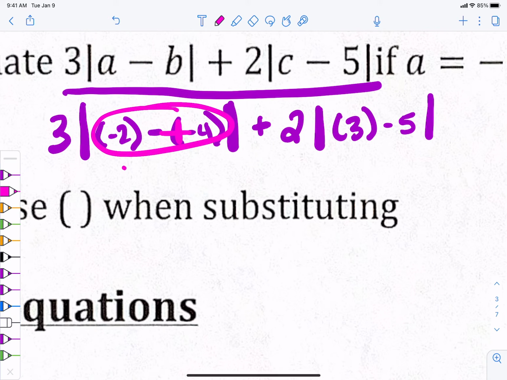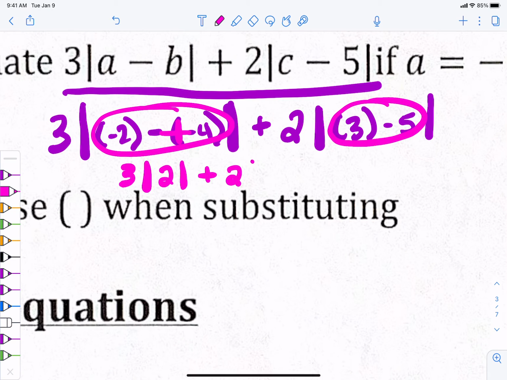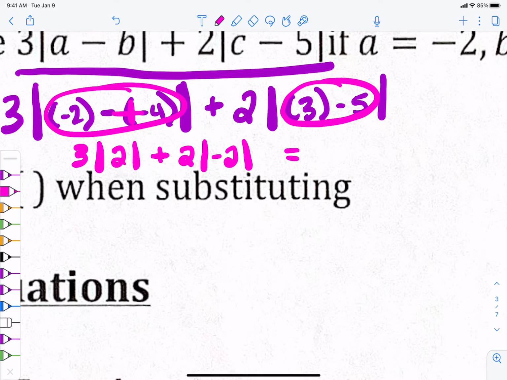Okay? So we have 3 absolute value of -2 plus 4 is 2. Yeah? Plus 2, and let's do this guy right here. What's 3 minus 5? -2. Okay, now let's do another simplification. Let's get rid of our absolute value bars. So absolute value of 2 is just +2, right?